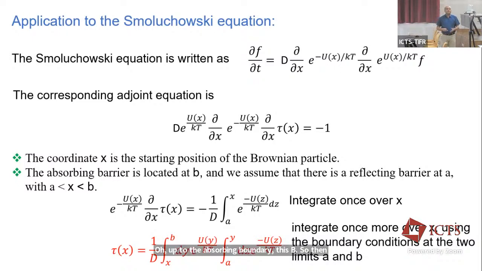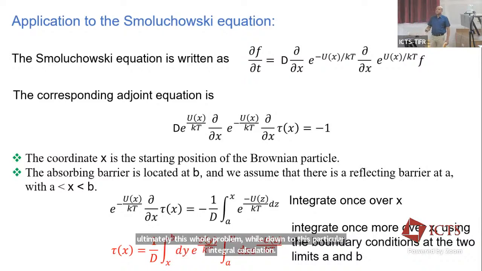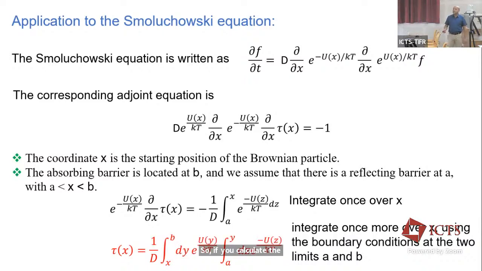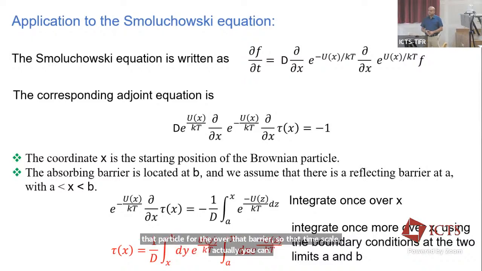So ultimately this whole problem boils down to this particular integral calculation. If you calculate this integral, you can get an idea of how much time is required for the particle to cross over that barrier. That time scale you can get from this relation.